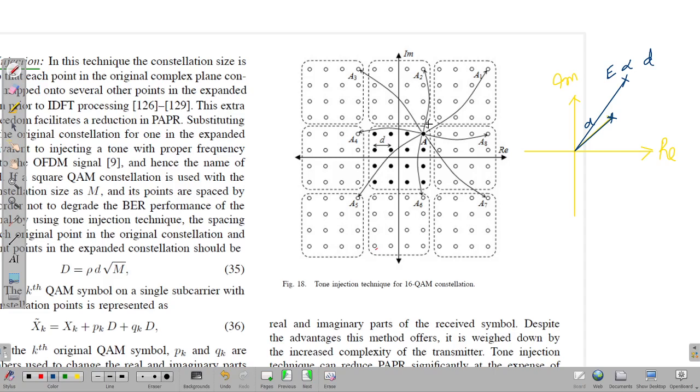You know that the PAPR problem in an OFDM signal is due to the addition of coherent phases, the addition of signals that have the same phase. If you can make the phases different, or reduce the energy of the symbol points, then you can definitely vary the PAPR.